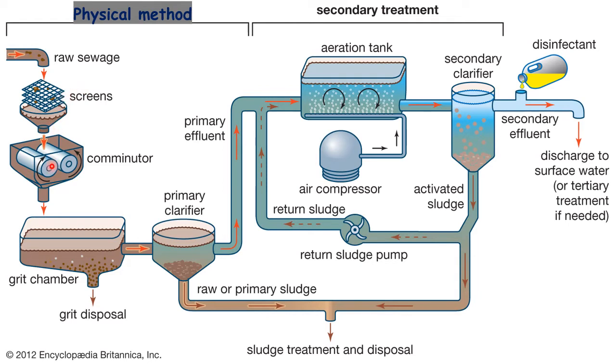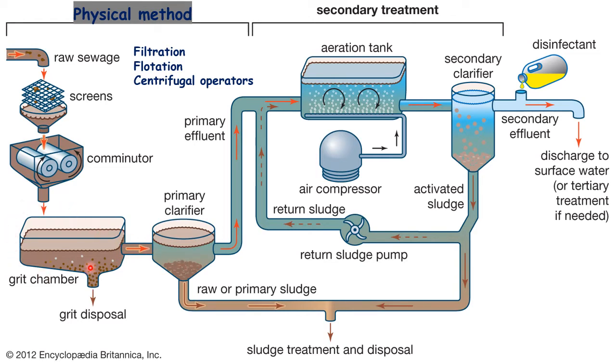Then the water will be sent to the comminutor. Finally, it will reach the grit chamber. The grit chamber is nothing but the place where the water will be allowed to settle down for some time. So the big sedimented particles, big stones or other big particles will be allowed to settle down here itself, so that they will not damage any motor or any pumping system.